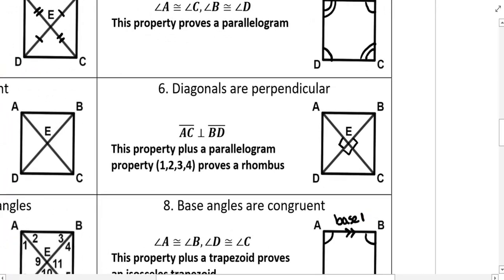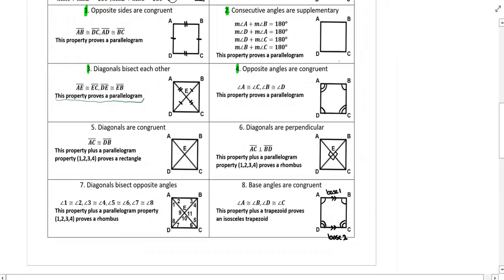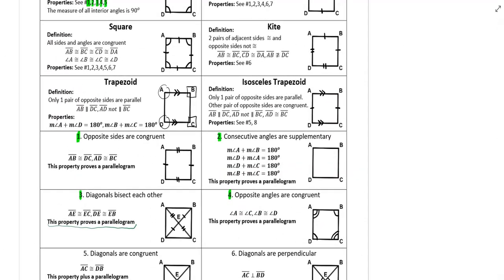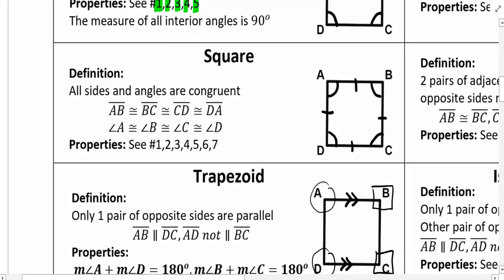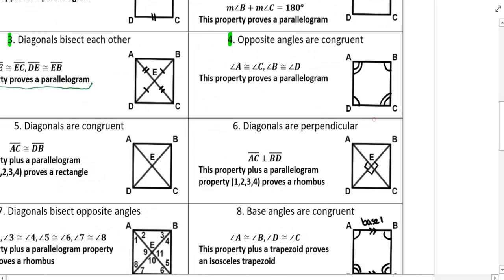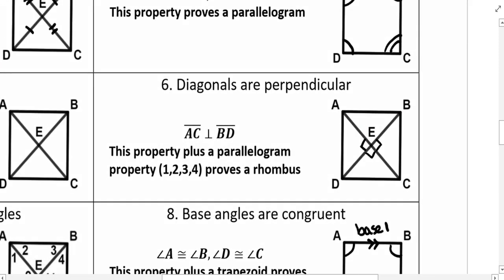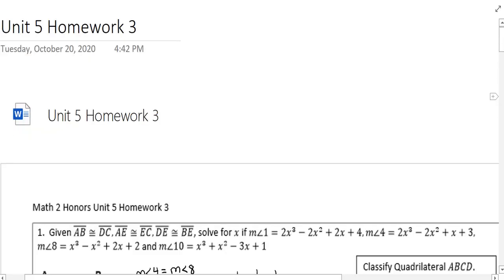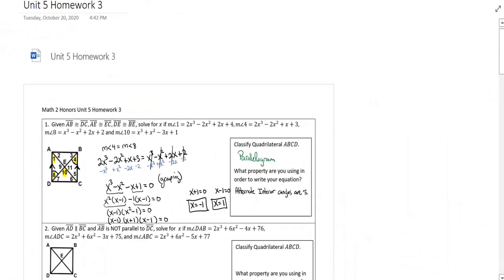What I want to point out to you as well is that a square also has property 6 because a square is a rhombus, and a rhombus also has that property. So whether it's a kite or a square, what we can say for sure is that the diagonals are perpendicular. And that's what's going to help us in this problem.